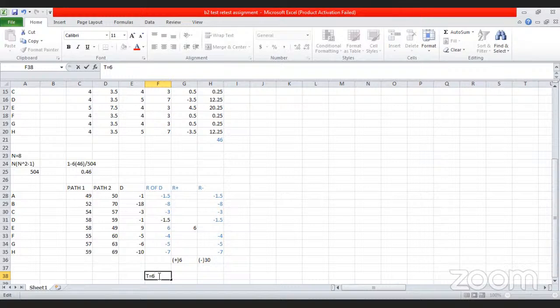Because we are finding out the difference between the test and the retest through the Wilcoxon. So the null hypothesis indicates there is no significant difference between the scores of the test and the retest, and the alternative hypothesis is that there is a significant difference between the test and the retest. Okay. Is it okay?